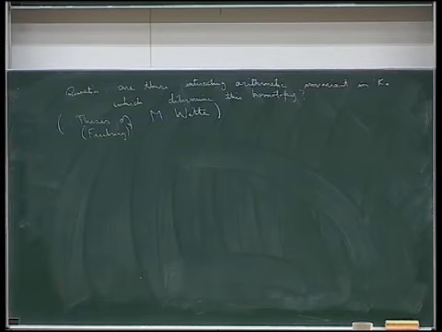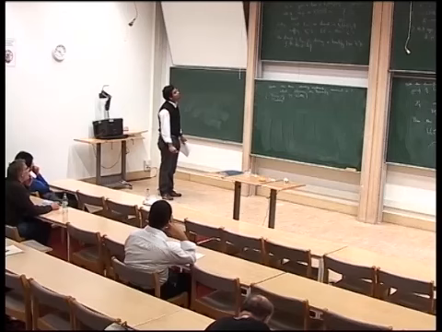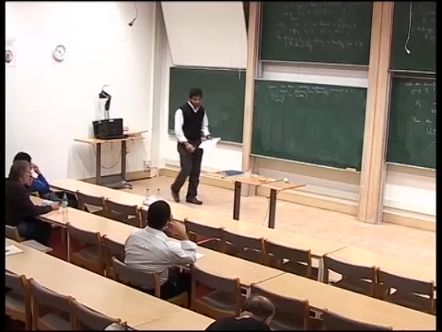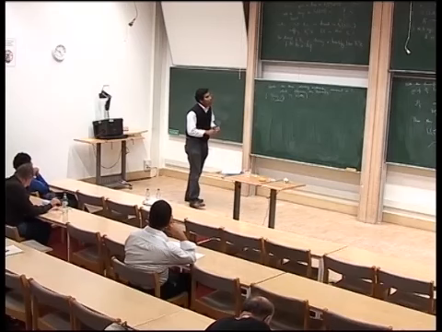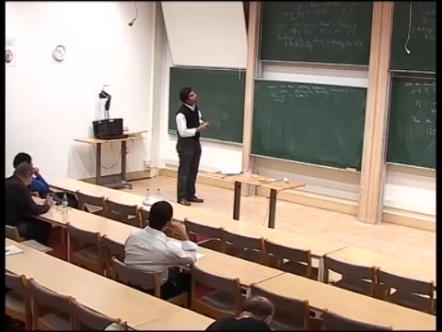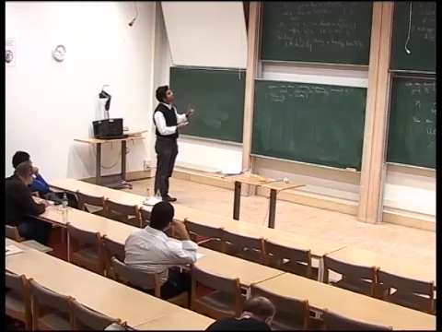To make this question slightly more precise, you have to say what gamma 1 and gamma 2 would be. You have to be in a situation where you have two different paths, up to homotopy.